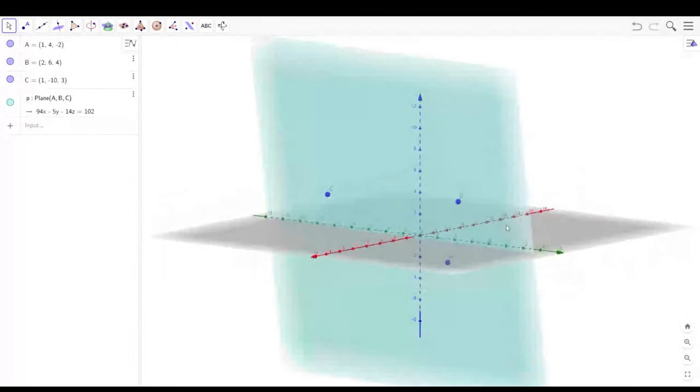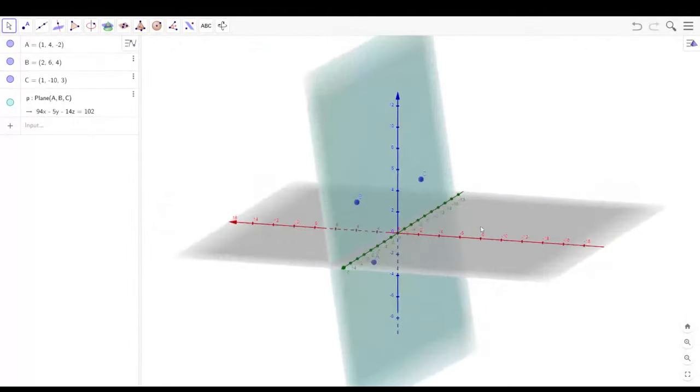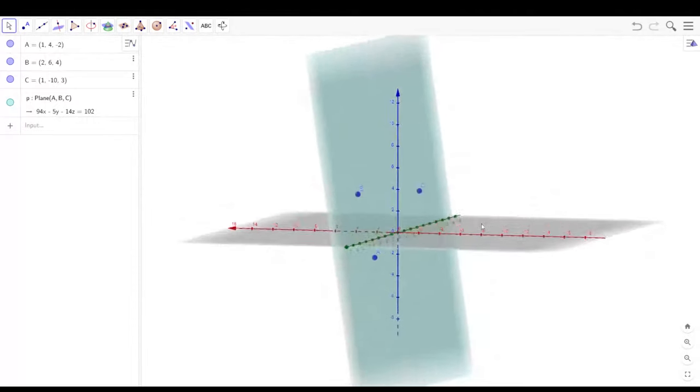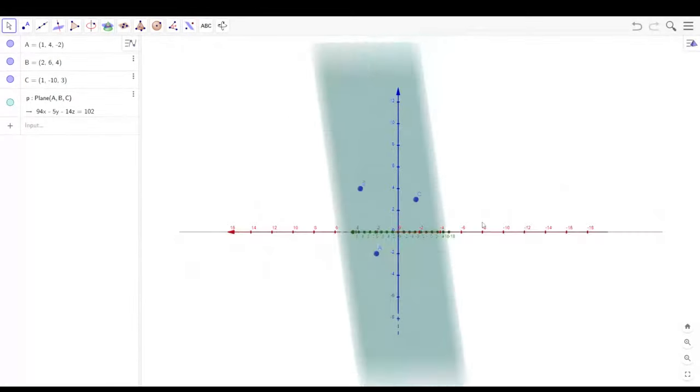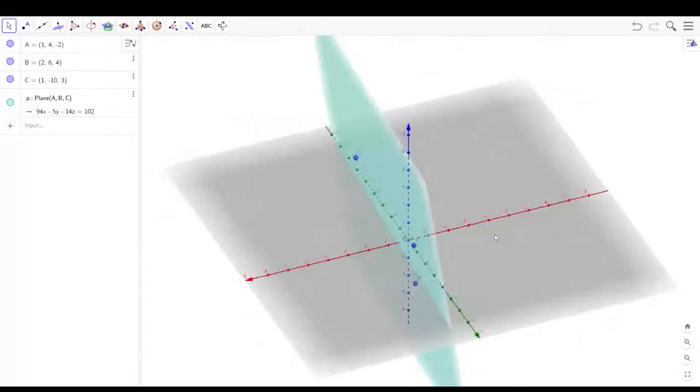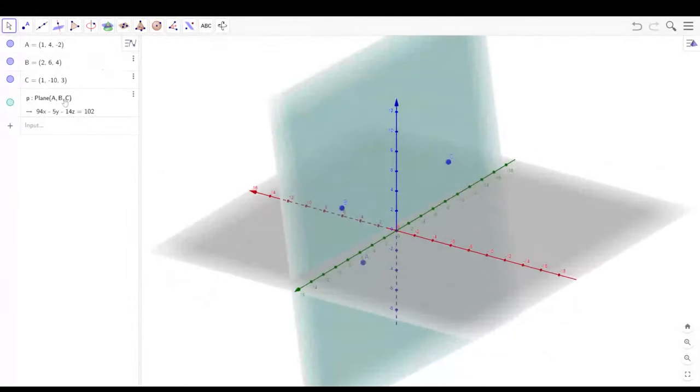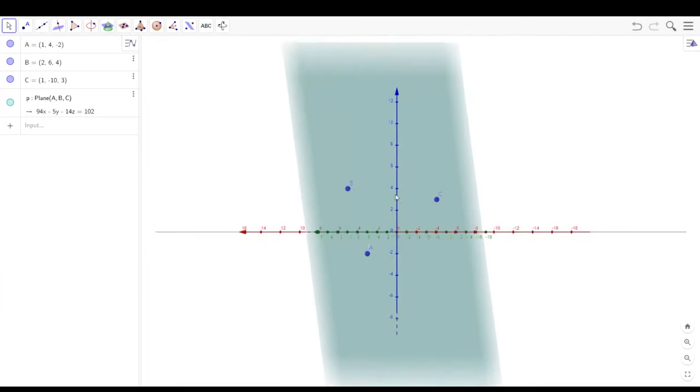So at once, we've got a plane going through these 3 points, okay? So you can even see that GeoGebra gives you an equation for the plane, okay? And this is known as the Cartesian equation or something like that. Okay, so that's kind of what it looks like.